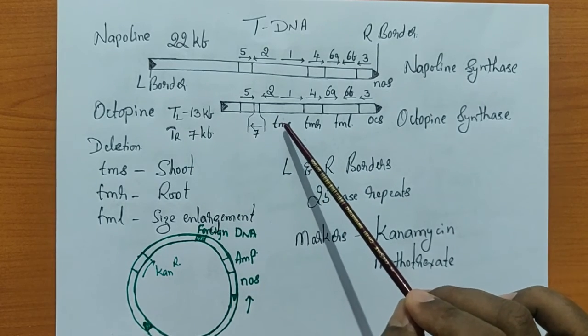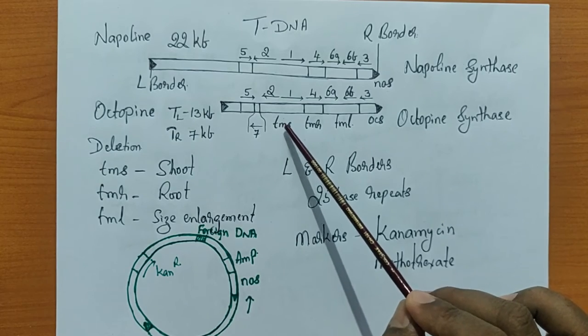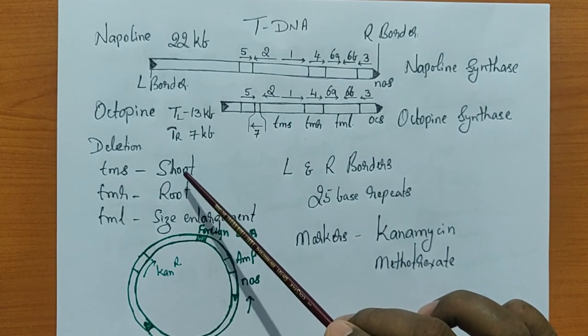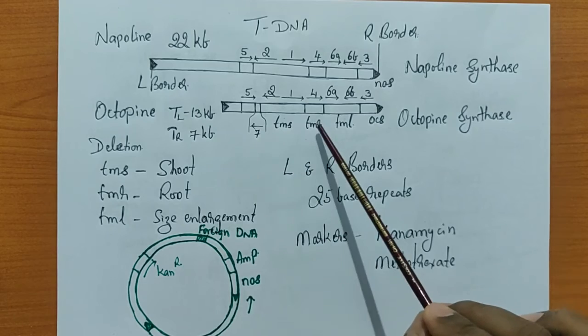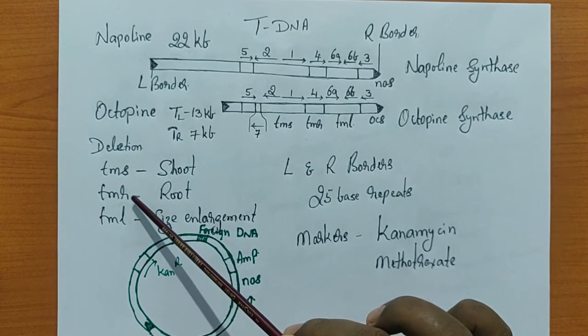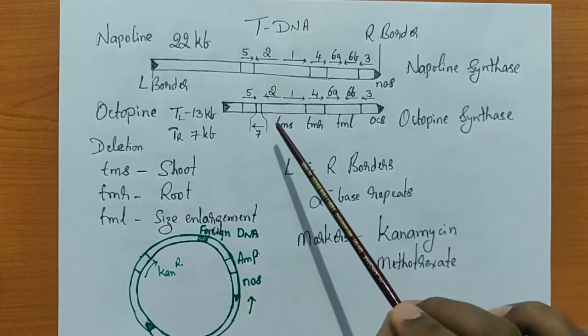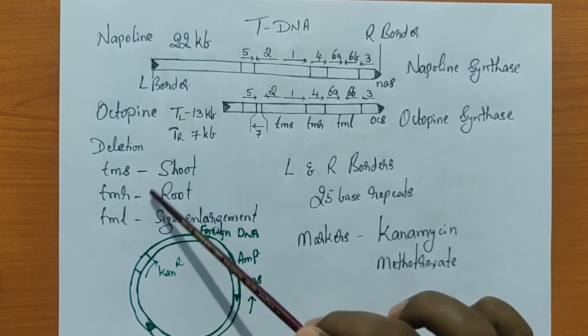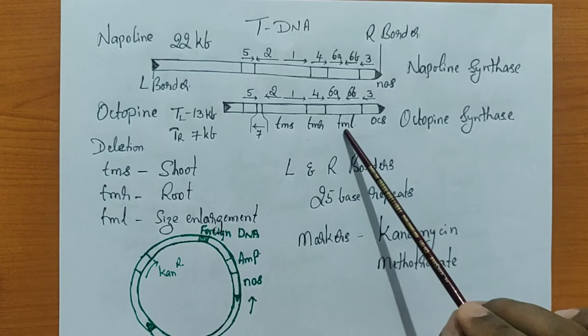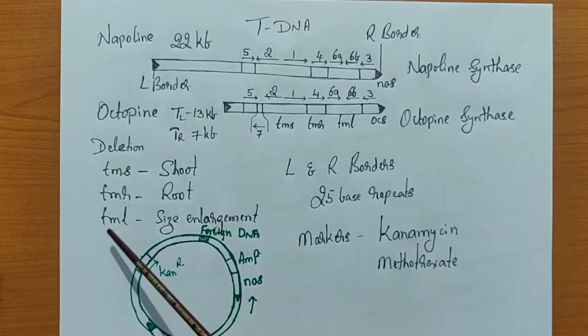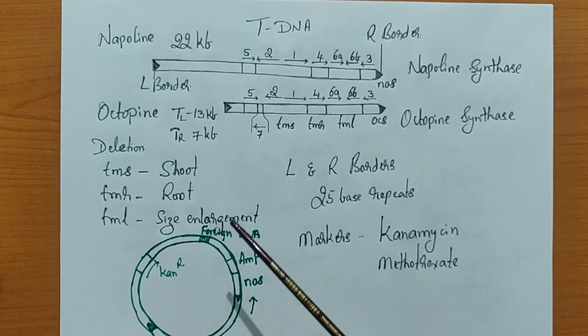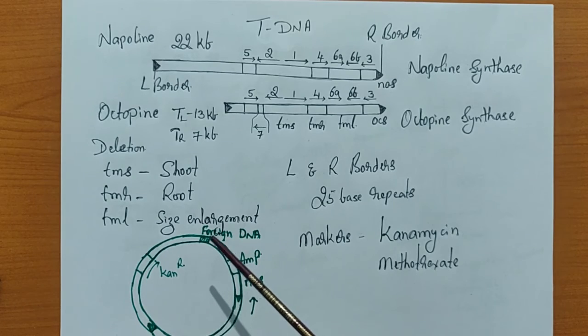So they know that because of the presence of this TMS gene, the differentiation into shoot is blocked. Suppose this TMR gene is eliminated or knocked out, then this particular cell will differentiate into a root. Suppose in this particular TML, now this is going to be the size enlargement. So the cell is going to be enlarged.